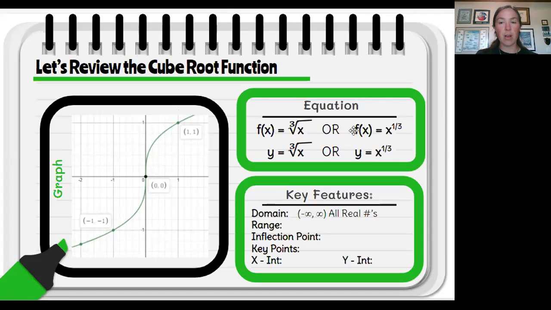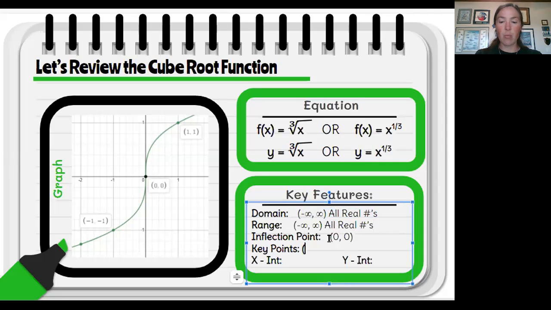We can write it with an f of x in the front, or with a y in the front, because remember, f of x just means y. The domain was negative infinity to positive infinity. The range was also negative infinity to positive infinity. The inflection point is at 0, 0.